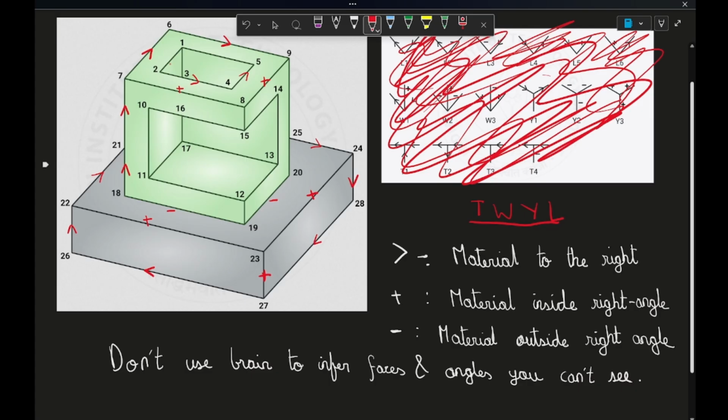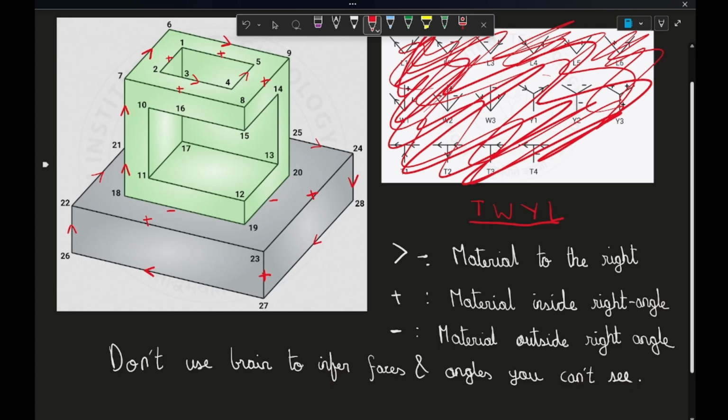Similarly, these are positive edges, right? Positive because of this right angle, because this right angle encompasses the material.